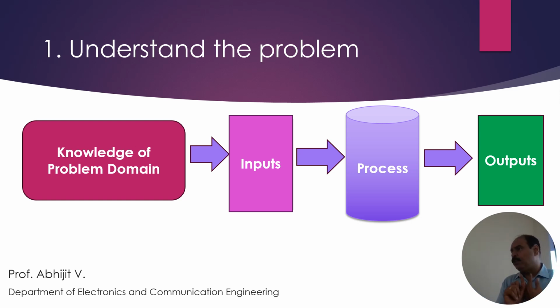What are the inputs that you need to give to the system so that it is going to do some process and display the outputs? Right? So, first point is the knowledge of the domain, and then you need to define the inputs. Then you need to understand the process, and then you need to have the output.